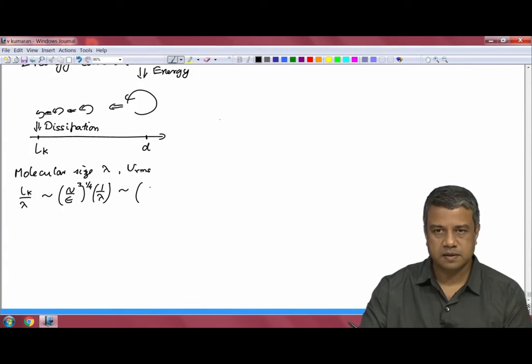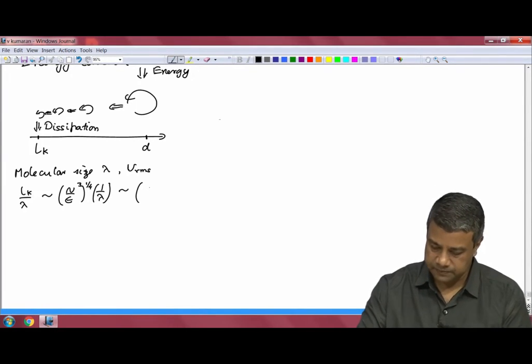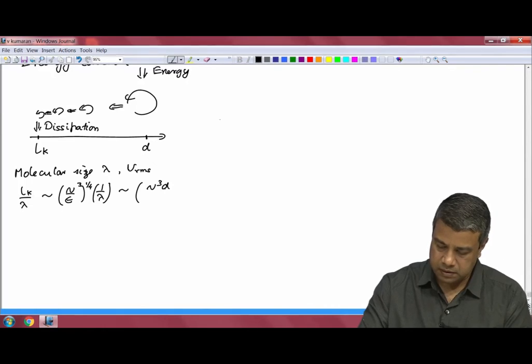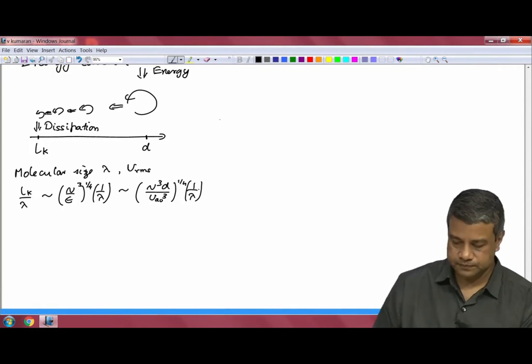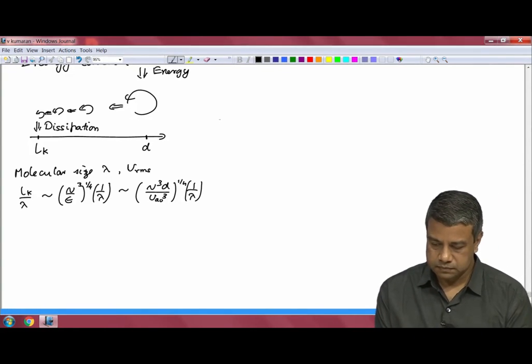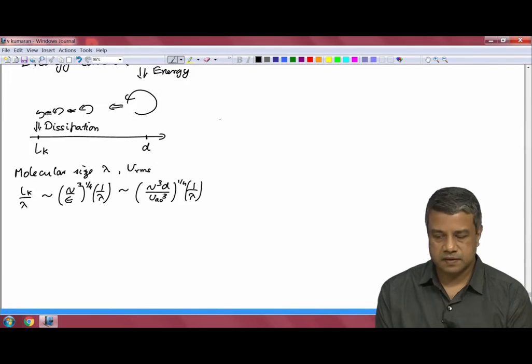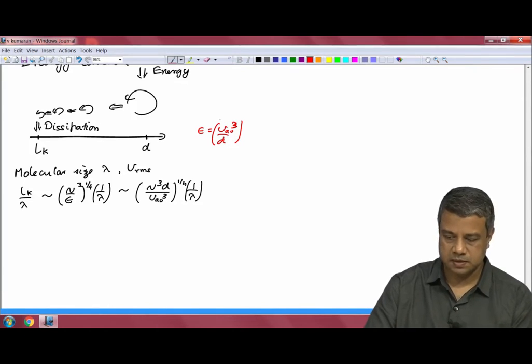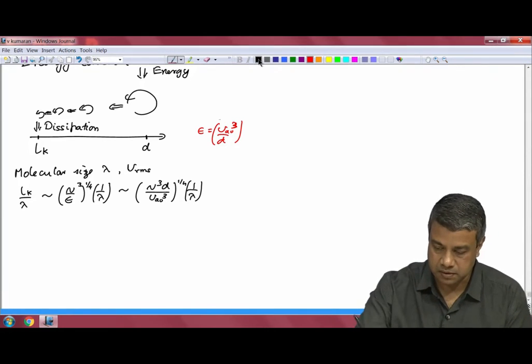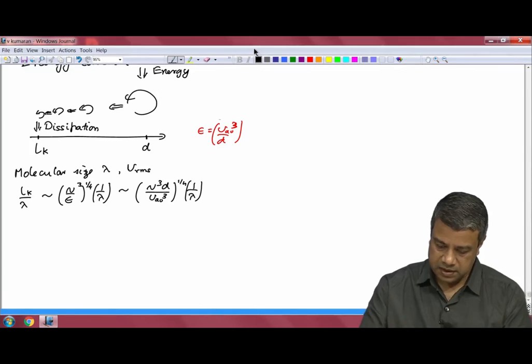For epsilon, I can substitute V cubed by d, nu cubed. So, I have just substituted for epsilon. Let me just write it here. The kinetic energy per unit mass, I am sorry, the rate of dissipation of energy per unit mass. So, I can simplify this.